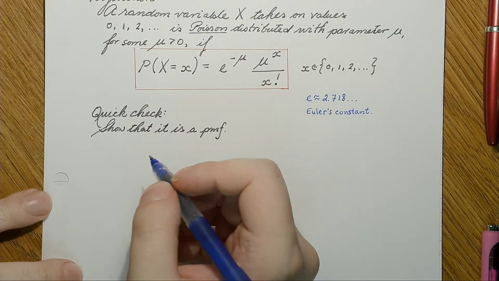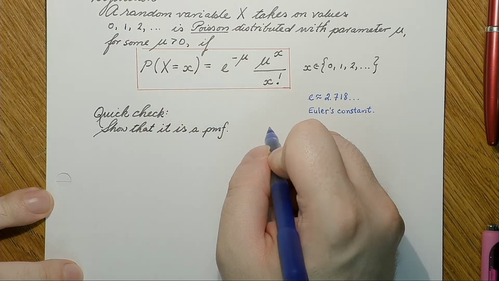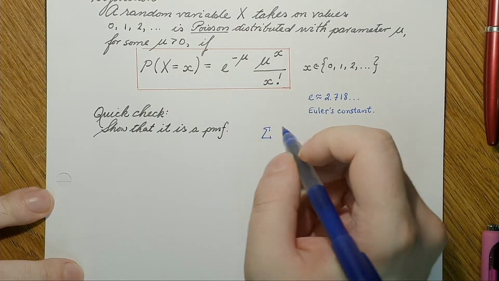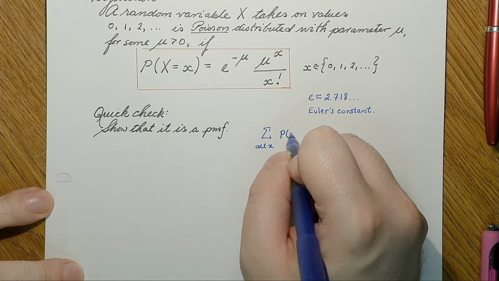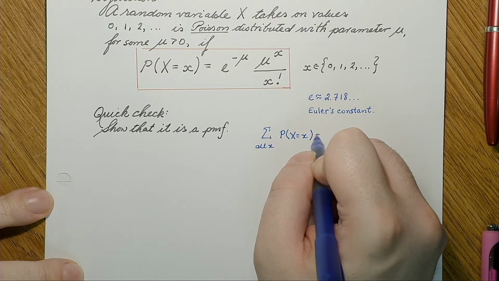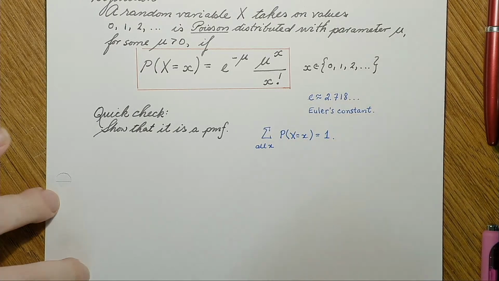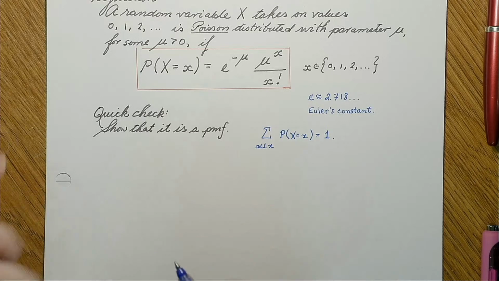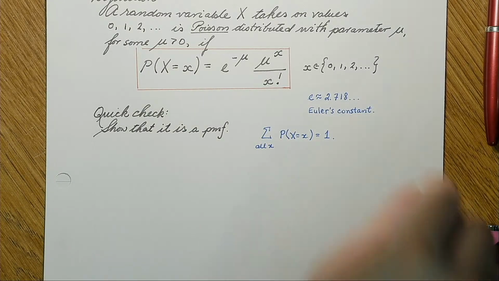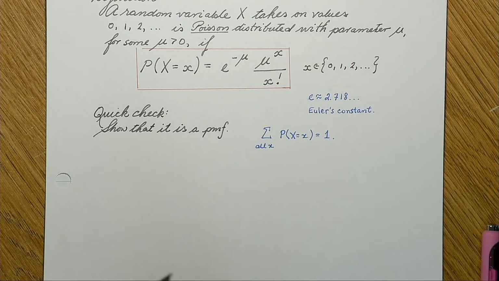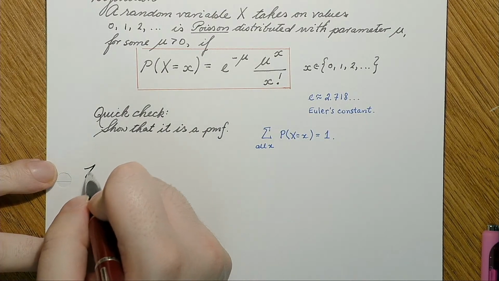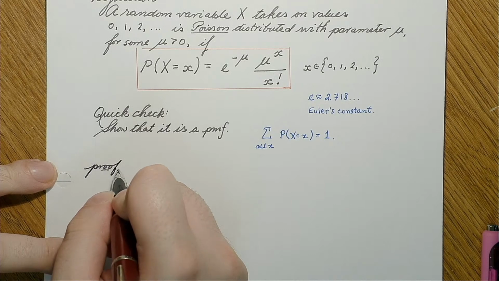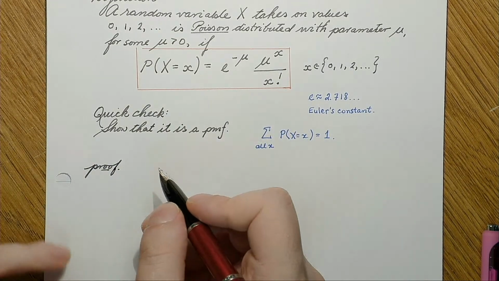So first of all, let's show that it is a PMF. The way that we're going to show that is we need to show that the sum of all the possible values sums to 1. Just a quick proof for that.